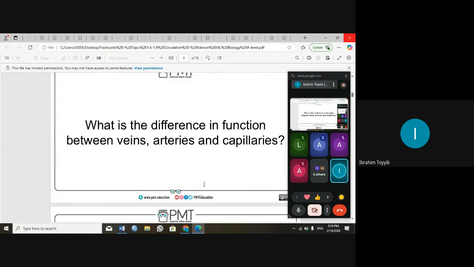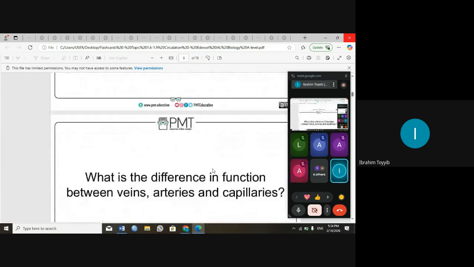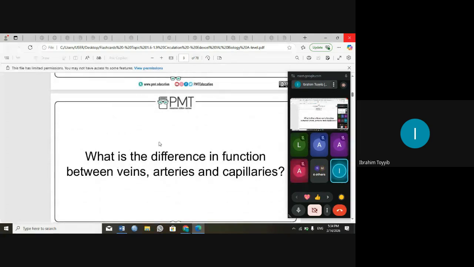Just answer this question as you understand. Who can answer this question? They're asking about function and they are not asking about structure, because one has a narrow lumen and one has a wide lumen.